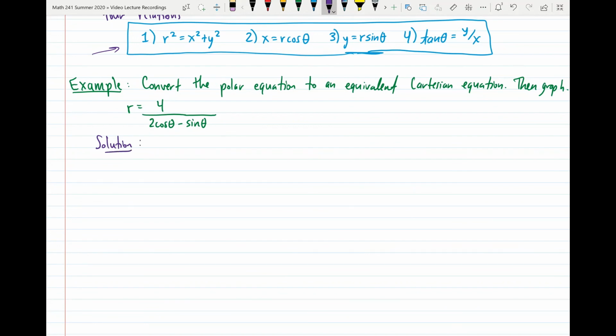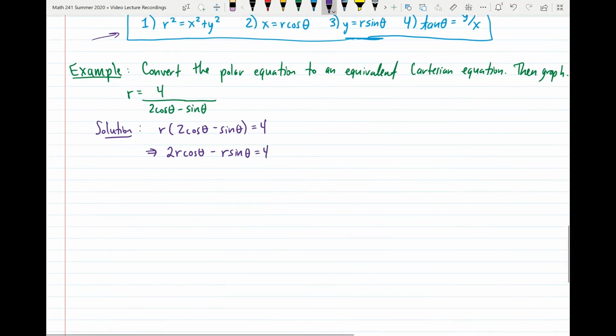to multiply both sides by 2 cosine theta minus sine theta. And now we can distribute the r through the 2 cosine theta minus sine theta. And we get 2r cosine theta minus r sine theta is equal to 4.